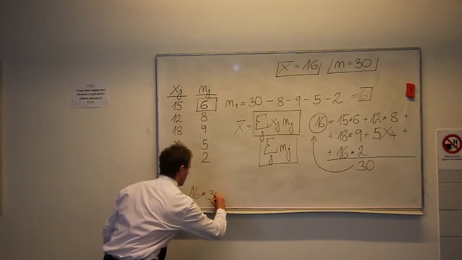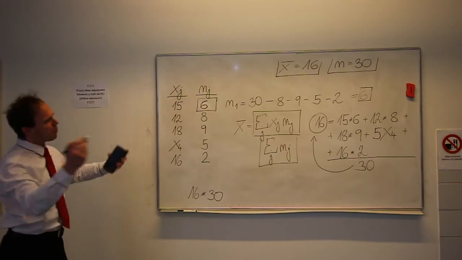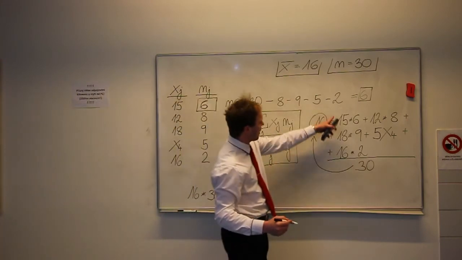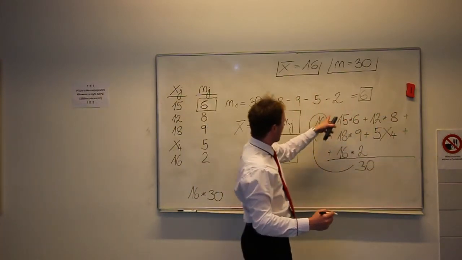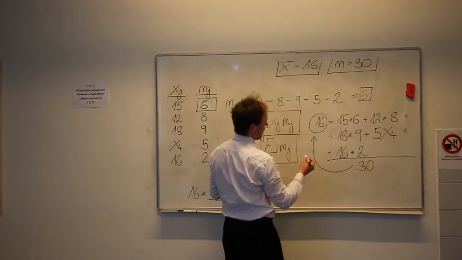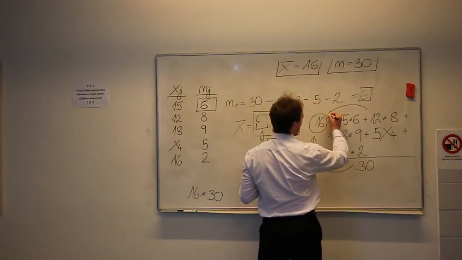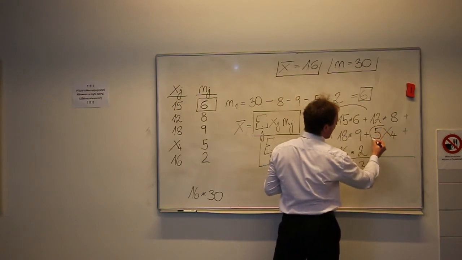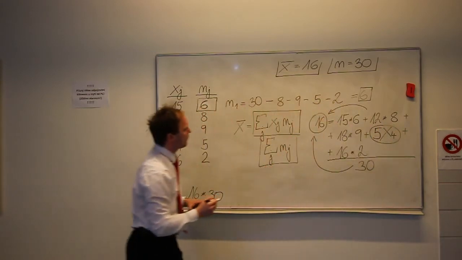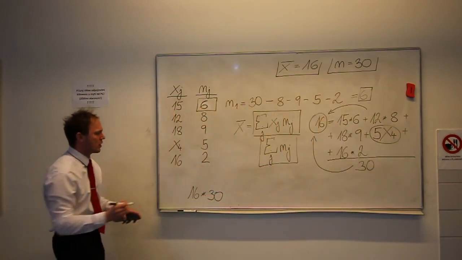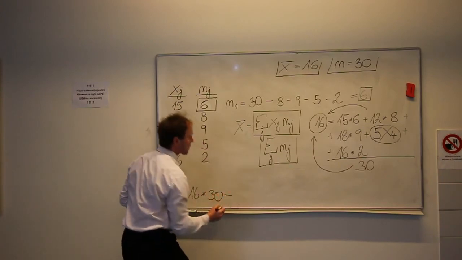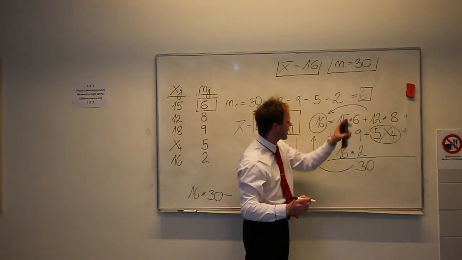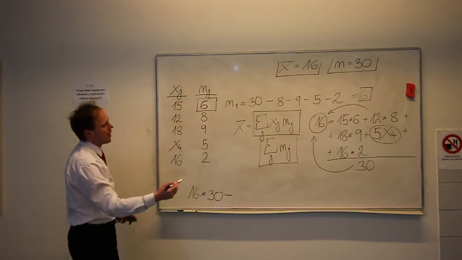times 30. I will move everything from the numerator here to the left side. So everything that is not unknown will be placed on the left side. So 16 times 30 minus, because everything here has a plus sign, on the left side there will be a minus sign.